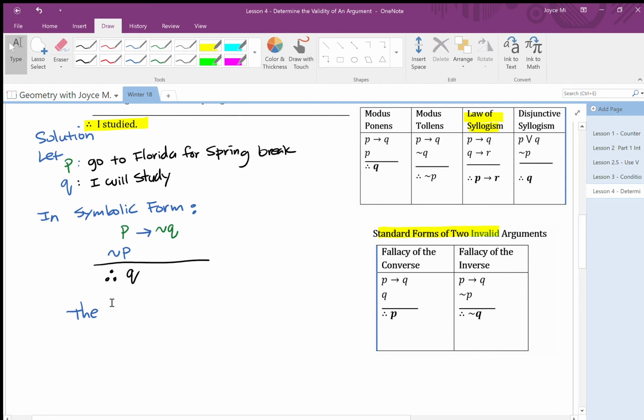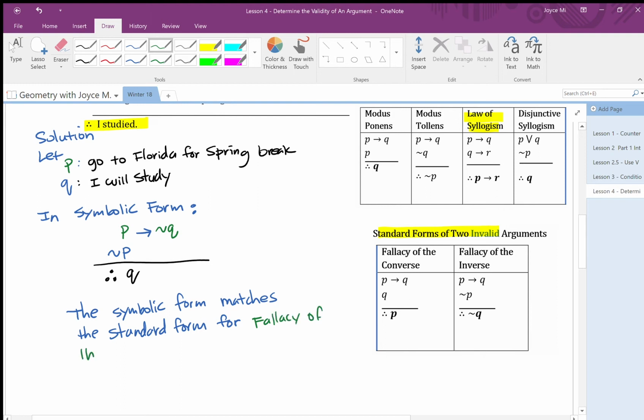I say the symbolic form matches the standard form for the fallacy of the inverse. So it is not a valid argument.